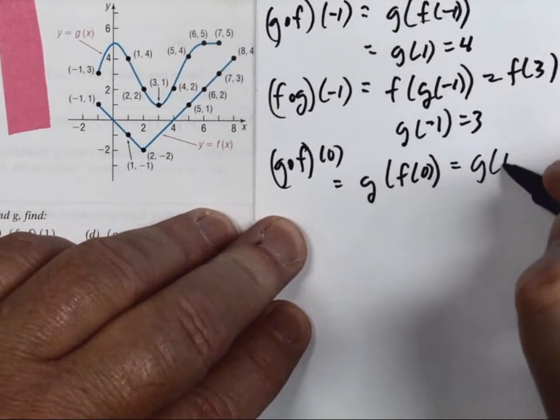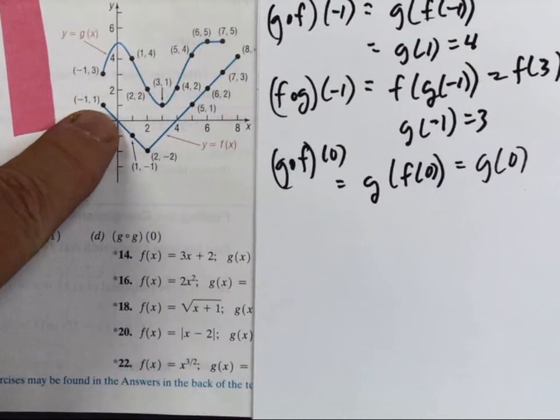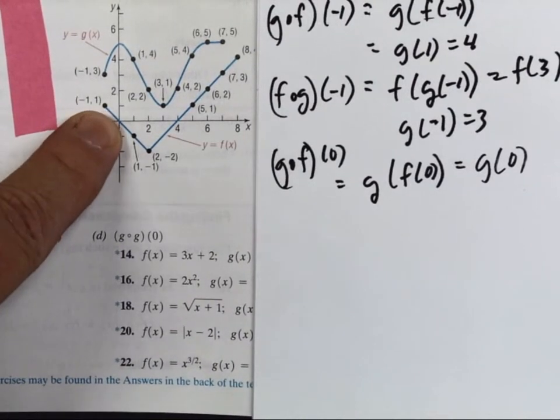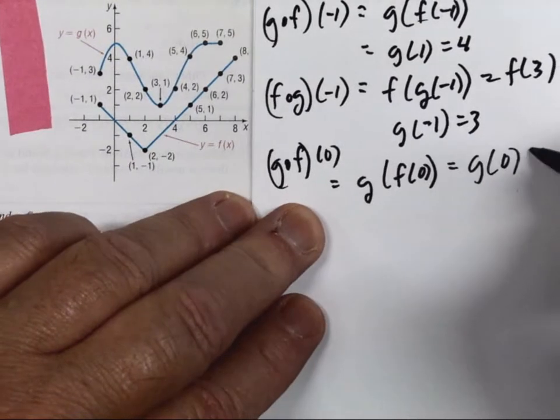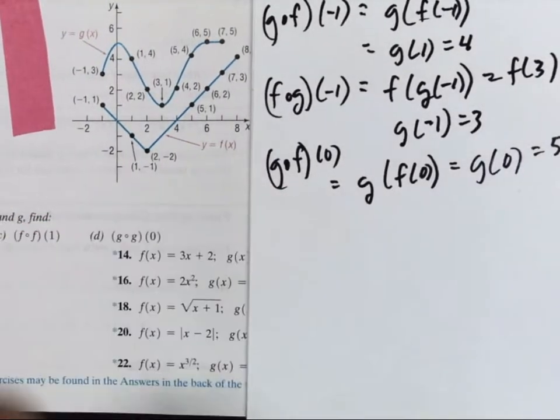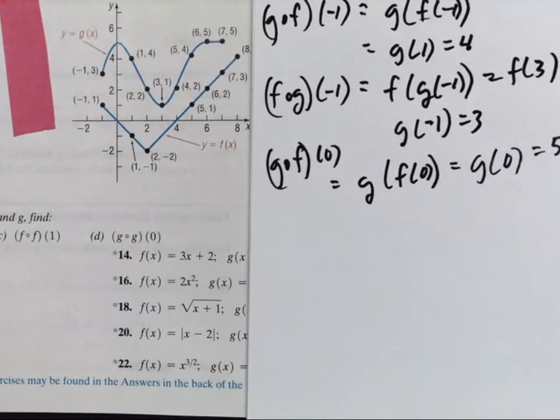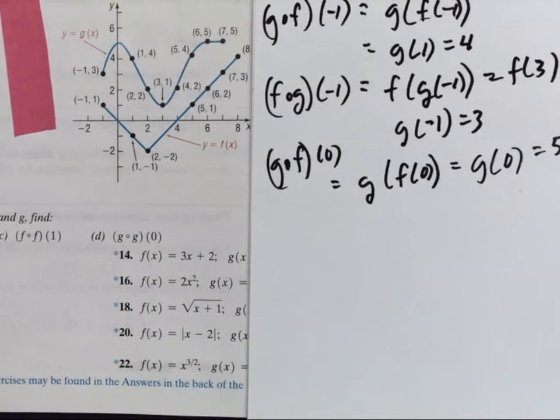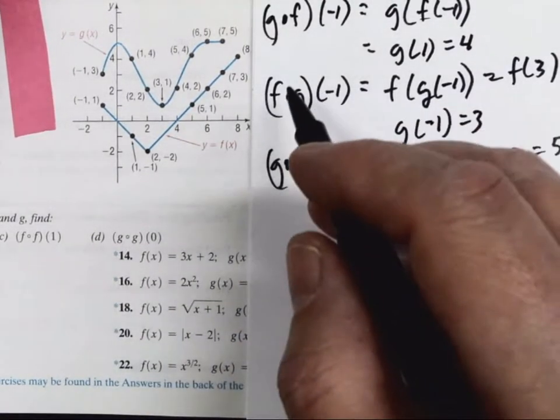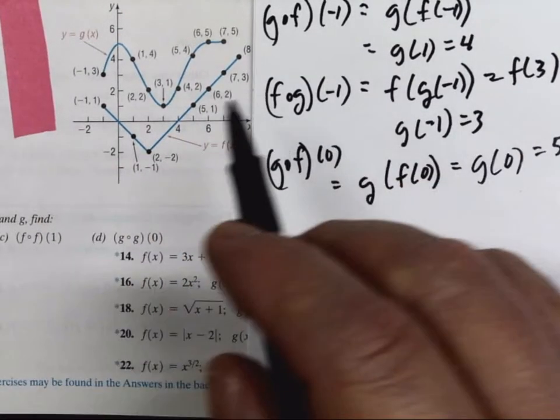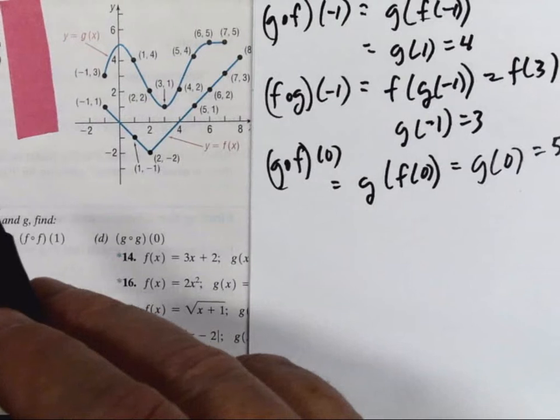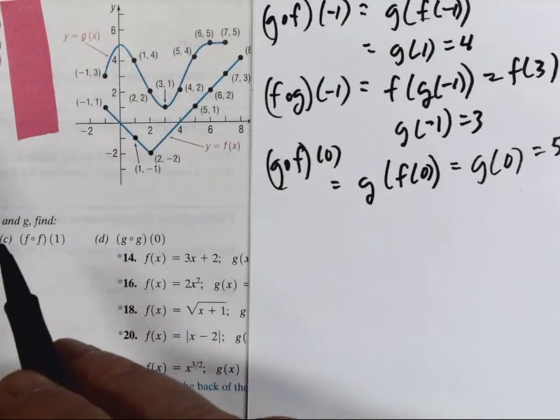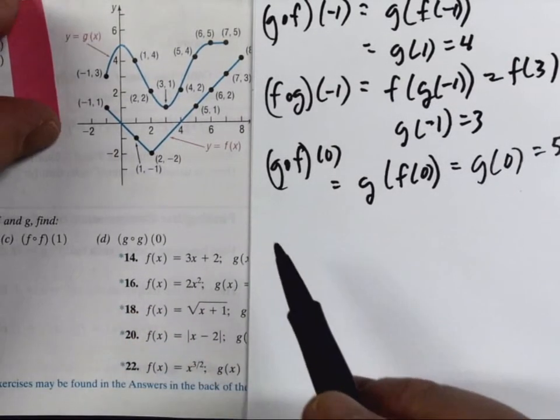So this really becomes g of 0. Once again, they don't really label it, but my guess is it's 5. I might check to make sure I'm not messing something up. Let's go back and check this first one. I said it was 4. That's correct. Next one I said was -1. That looks correct. This one I said is 5.